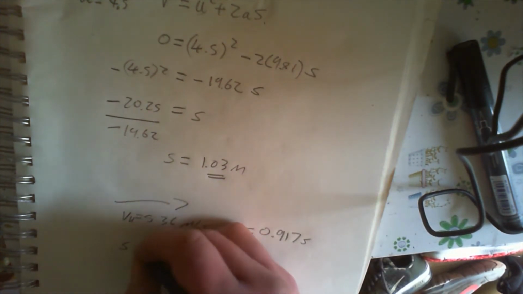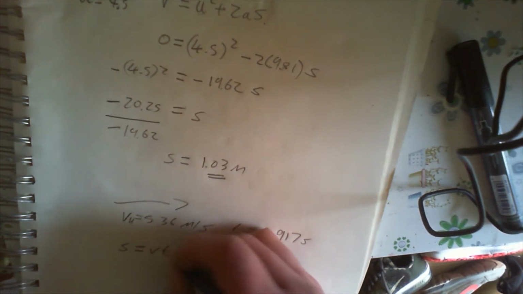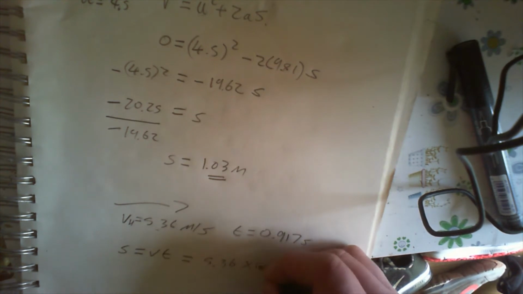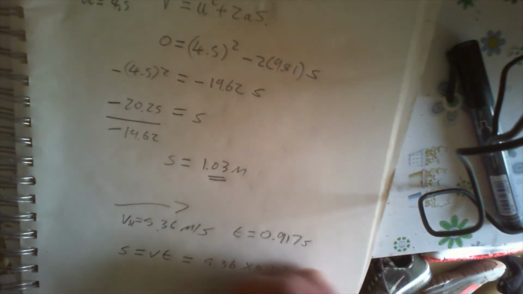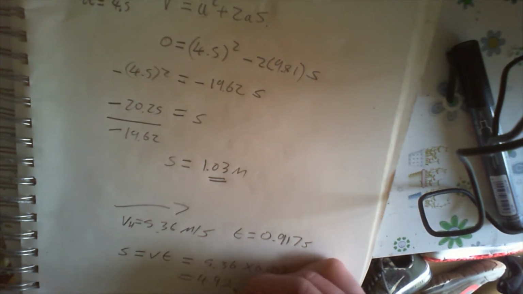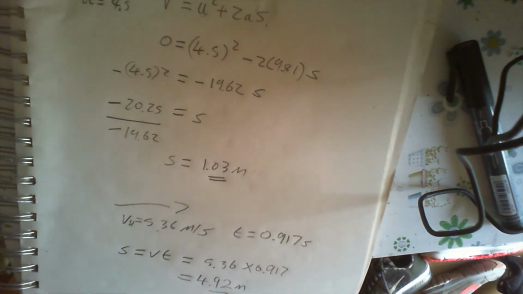So distance travelled equals velocity times time. 5.36 times 0.917 equals 4.92 meters. So whoever hit the ball, it went 1 meter high and landed just shy of 5 meters away from the person. I think they need to get a little bit of practice in, if you ask me.